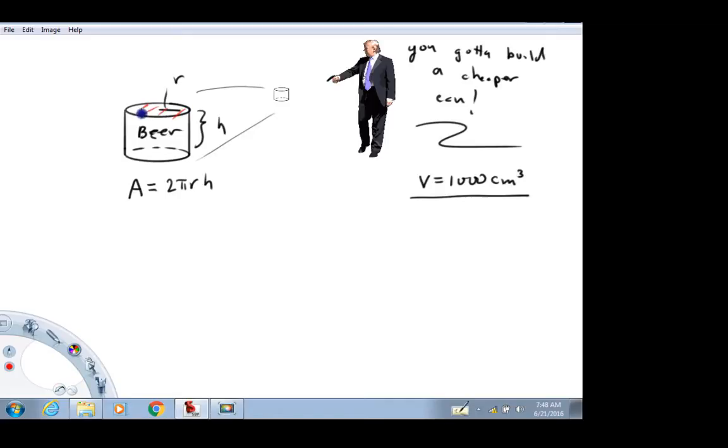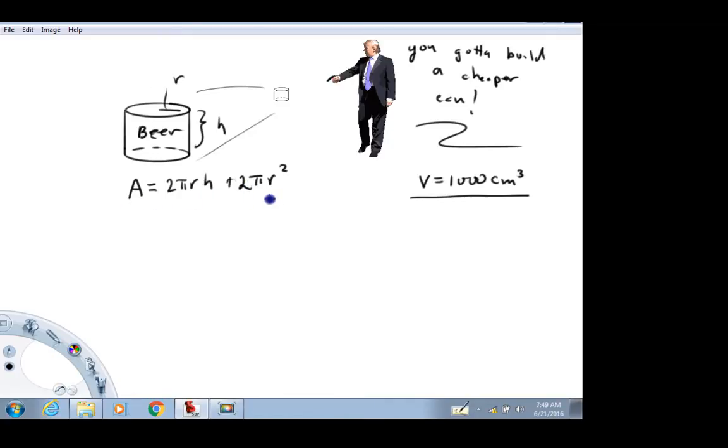The top has an area of pi r squared, and there's two of them. So the can has a total surface area equal to 2 pi r h plus 2 pi r squared. So here's our function we're trying to optimize.